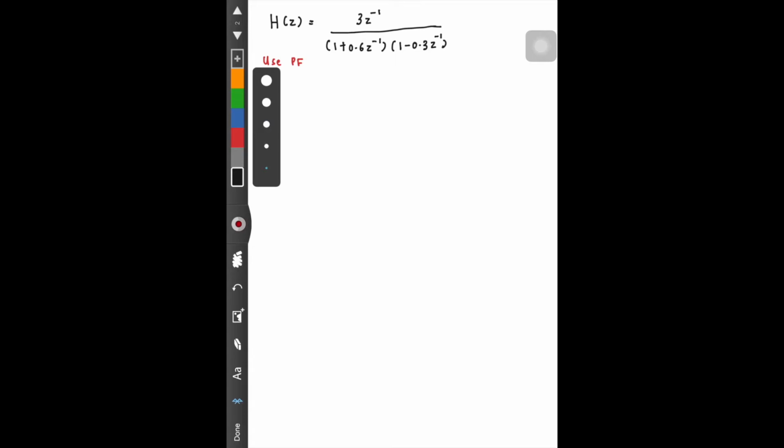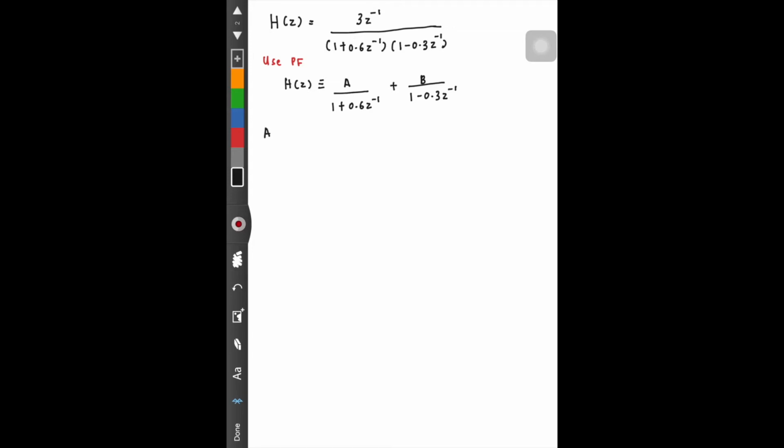So your Hz will be A over 1 plus 0.6 z to the minus 1, plus B over 1 minus 0.3 z to the minus 1.